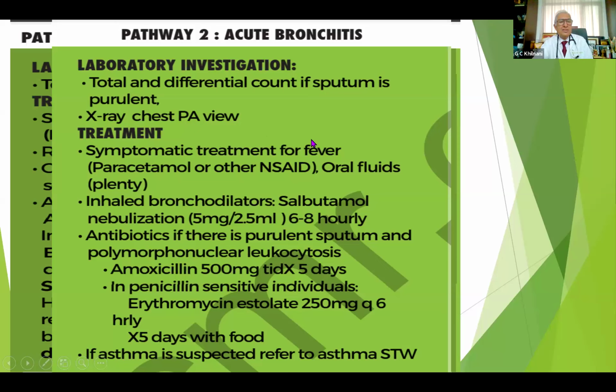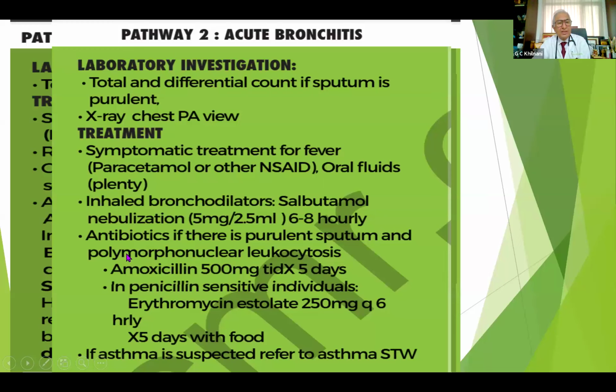The treatment, besides symptomatic paracetamol and oral fluid, is inhaled bronchodilators like salbutamol, given by nebulization or in MDI form every 6 to 8 hourly. Antibiotics if there is purulent sputum. Purulent sputum means yellow or green or foul smelling sputum. The mucoid non-infective sputum is whitish and thin.